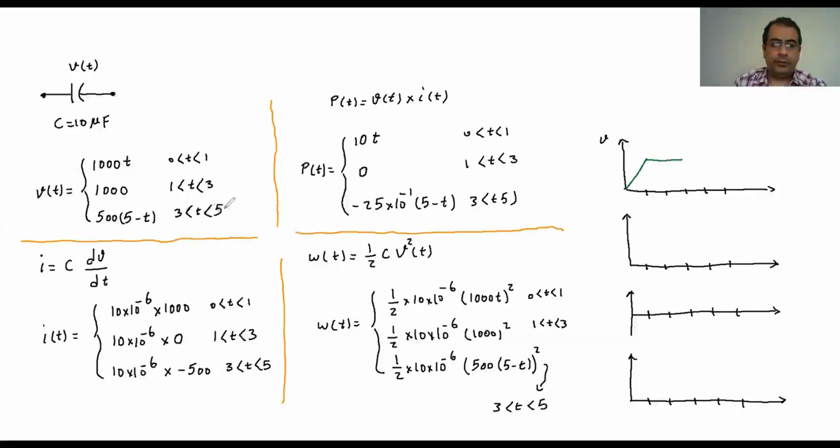And if you put 5 here, it's 5 minus 5, which is 0. So from here it goes back to 0. In this case, this one is going to be 1000 volt here, and then 1, 3, 5, 1, 2, 3, 4, and 5 seconds. So the voltage is going to change like that if this is the T for all of them.